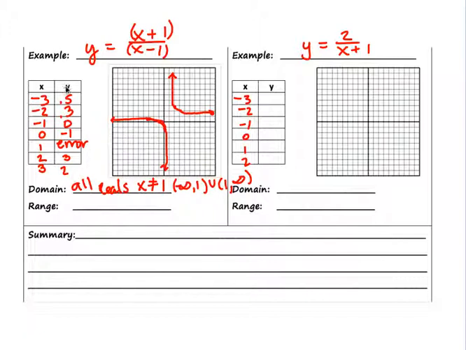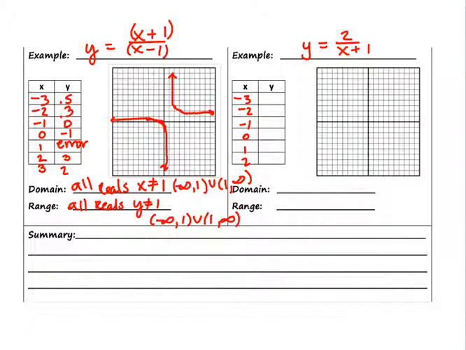And for this, if you continue to look at the values, especially if you change these to decimals and you actually got in between -3 and -2 and in between -1 and 0, you'll realize that it doesn't go above 1. So it like never touches 1. So it's going to also be all reals for the range, except y is not equal to 1. So that's going to be -infinity to 1 in union with 1 to +infinity, if you're going to write it in interval notation.